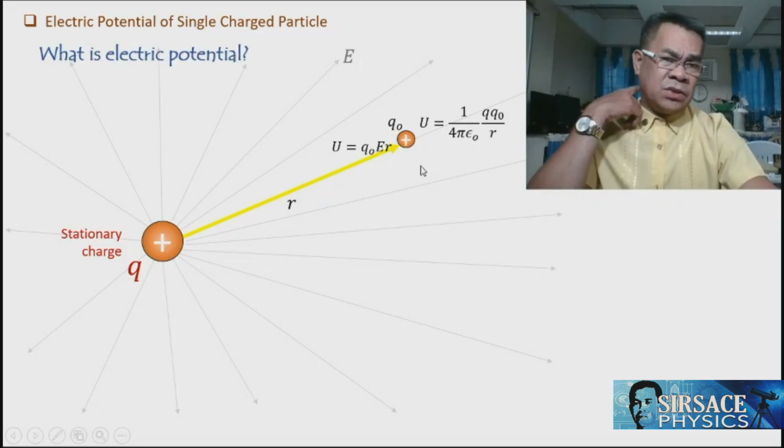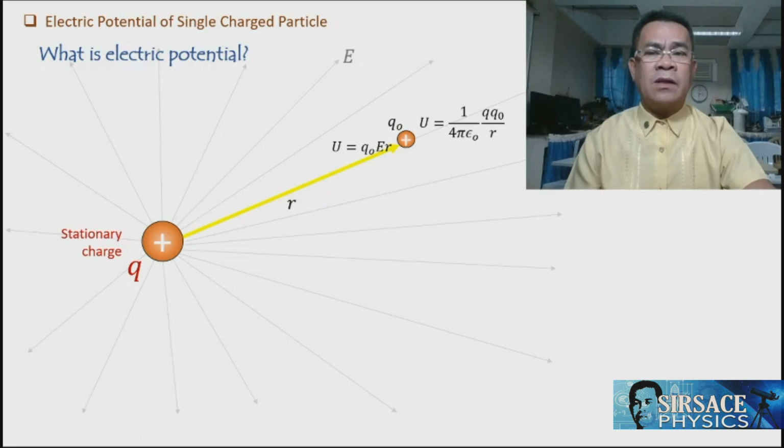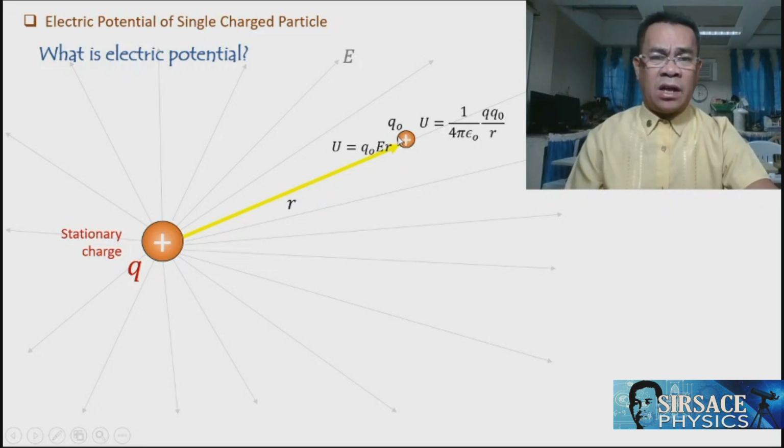Okay, so the question is, what is the electric potential energy at this point or at any point from the stationary charge? If this charge produces an electric field, then it has the ability to attract or interact with a charge like Q naught.